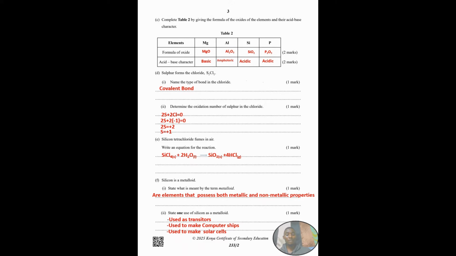They can also be used to make alloys because they improve the strength of a particular metal. So those are some of the uses of metalloids.